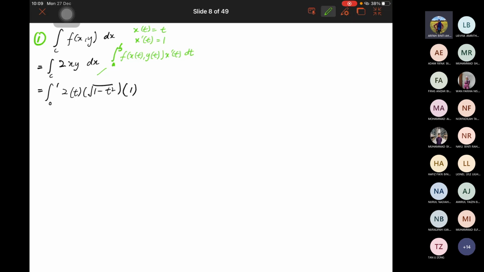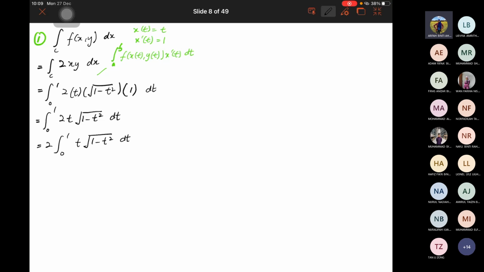Okay, so integrate with respect to dt. So you will get this one from 0 to 1, 2t set 1 minus t squared dt. So 2 kita boleh keluarkan, 2 times integration from 0 to 1 t set of 1 minus t squared dt.